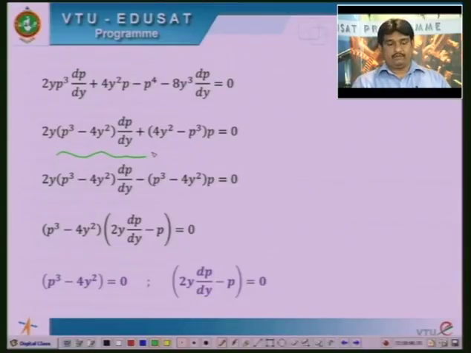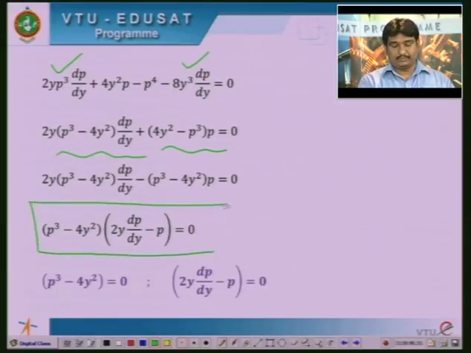When you take dp by dy common from the first and fourth term, you get 2y times p cube minus 4y square into dp by dy, plus the remaining terms 4y square minus p cube into p, equated to 0. You simplify this to arrive at this result: p cube minus 4y square into 2y dp by dy minus p equals 0.